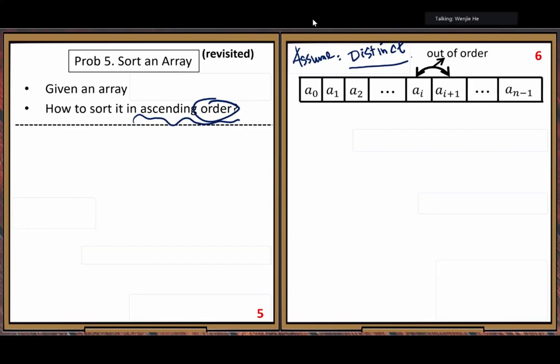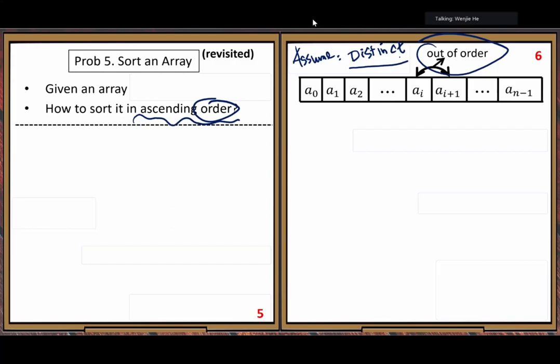Because that's what we want. So for the descending order case, that's the out of order case. So we need to study. We should pay special attention to that out of order case. So we want to study that.